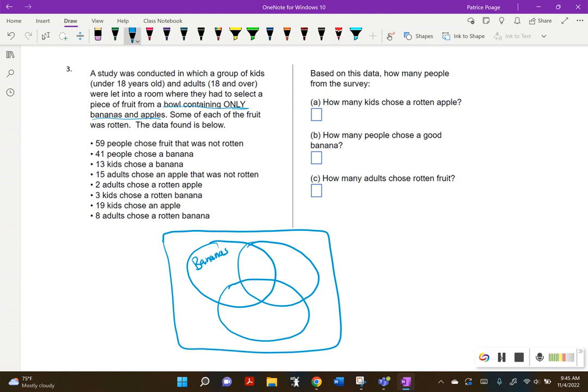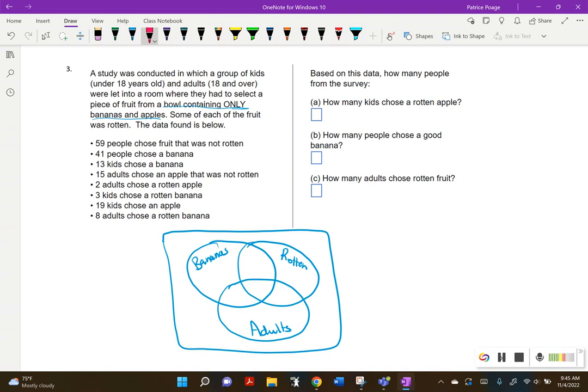And then the fruit was either rotten or it wasn't. So I'm going to just make this circle rotten. And so everything not in the circle is not rotten. And then we had adults or kids. So I'm just going to call these adults. So all the adults are in this circle. And that means the kids are going to be everyone not in the circle. Okay.